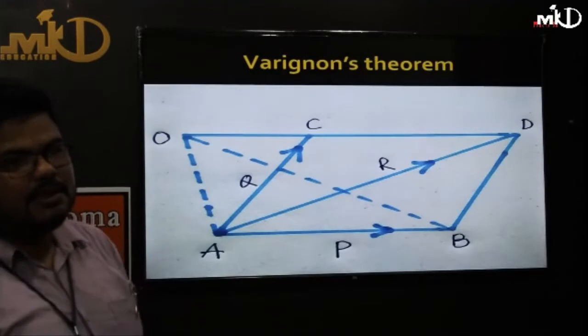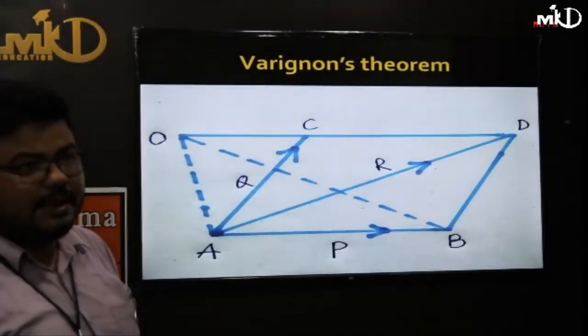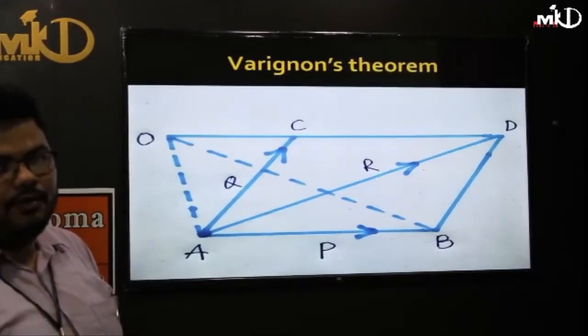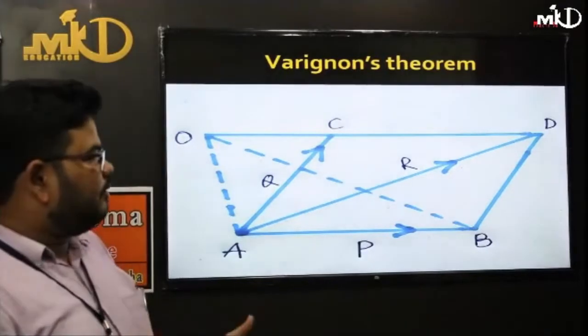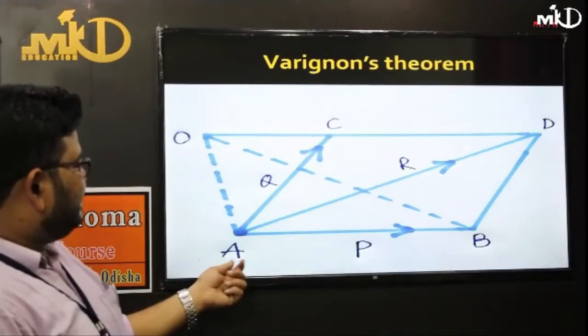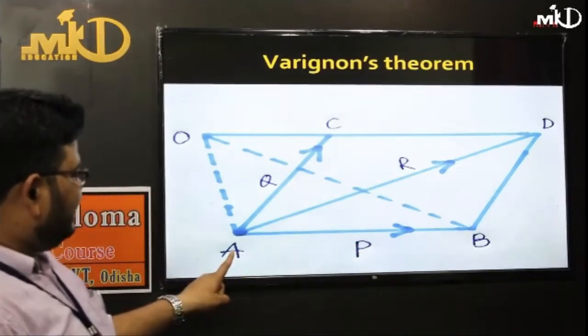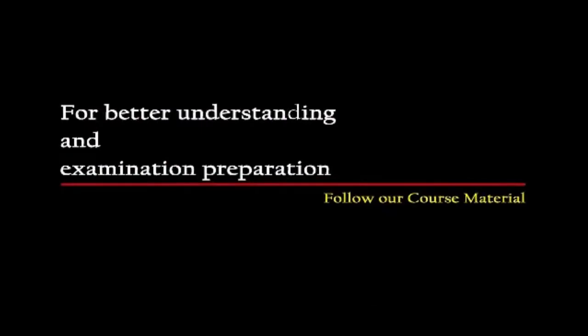In the previous article we studied that the moment of a force is equal to twice the area of a triangle. You can see that for the force P, we take triangle AOB.